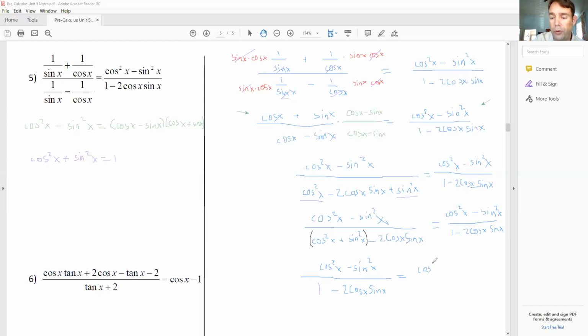So we got a couple more that we're going to do here, and then we'll call this video. So the left side became the right side. And to show that we're done, a little red box there. Oh, that was a circle. I don't want a circle. I want a box. Or you can write the QED.